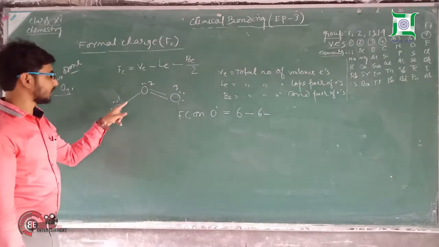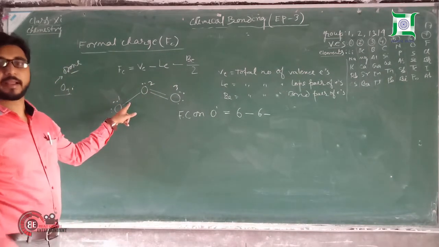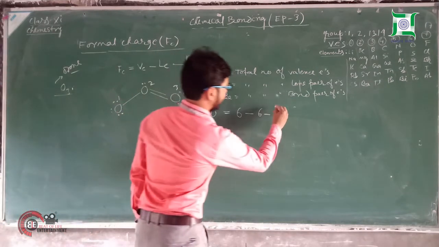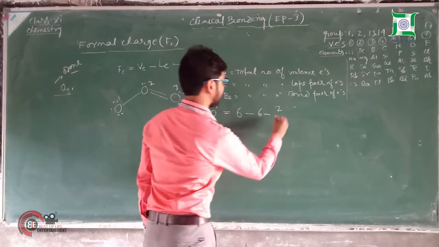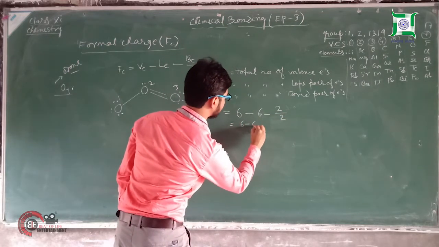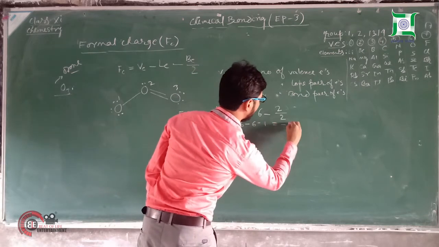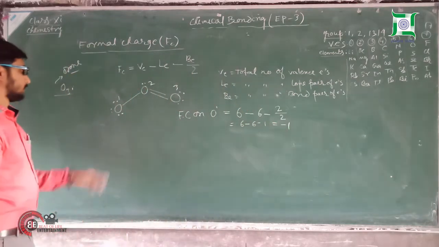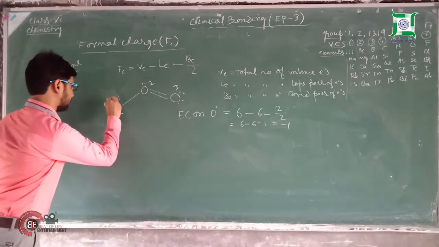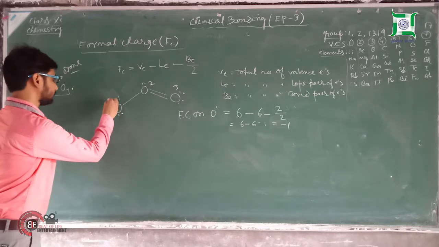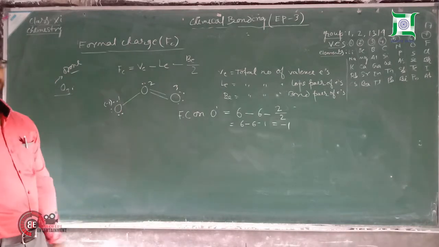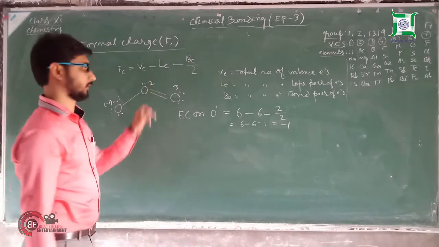In this oxygen there is 1 covalent bond, and 1 bond equals 2 electrons, so bond pair electrons are 2, divided by 2. That is equal to 6 minus 6 minus 1, which equals minus 1. So the formal charge on this oxygen atom is minus 1. Clear?